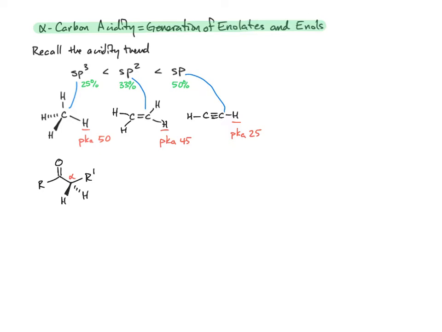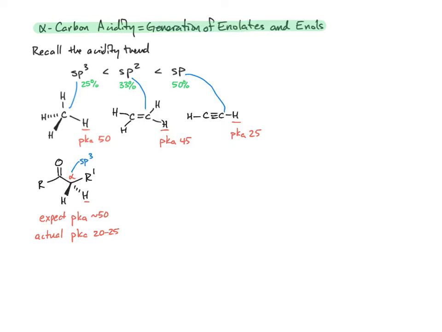This alpha carbon is sp3 hybridized, and therefore you would expect the pKa value of those CH bonds to be approximately 50. However, that is not the case. The actual pKa values are 20 to 25, depending on what R and R prime are. So how do we rationalize this observation?